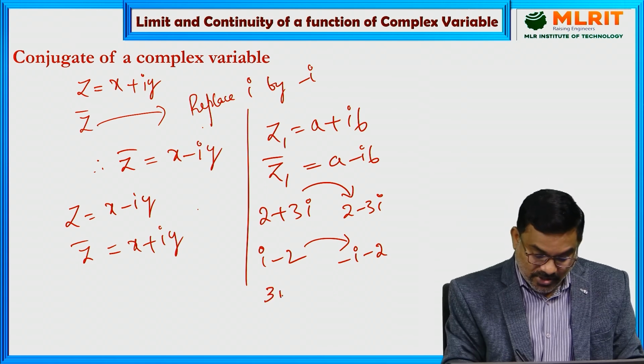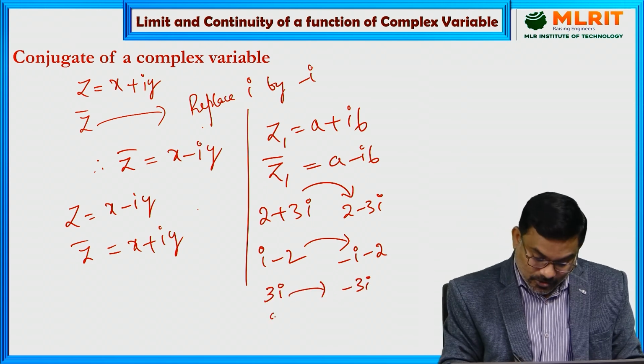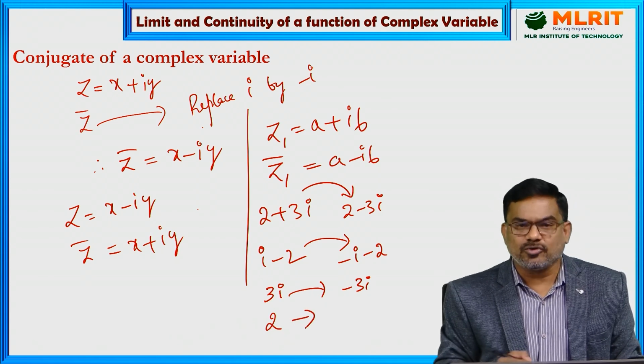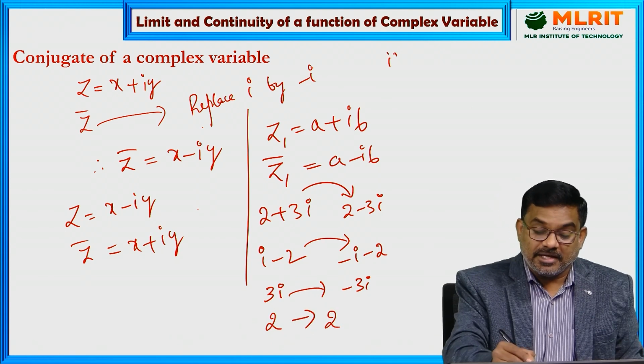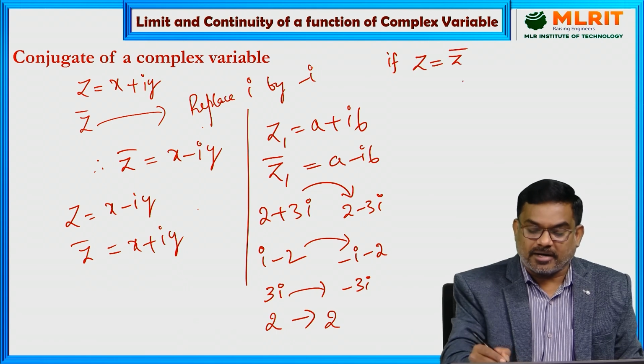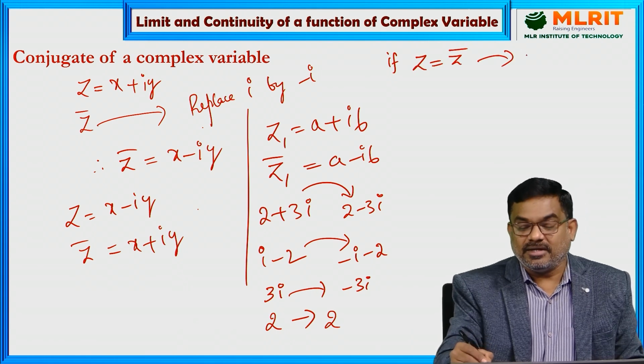For example, we have 3i. What is its conjugate? Minus 3i. And 2, what is its conjugate? There is no i to replace. So, again 2 itself. So, that means if z equal to z bar, then the complex number is a real number.